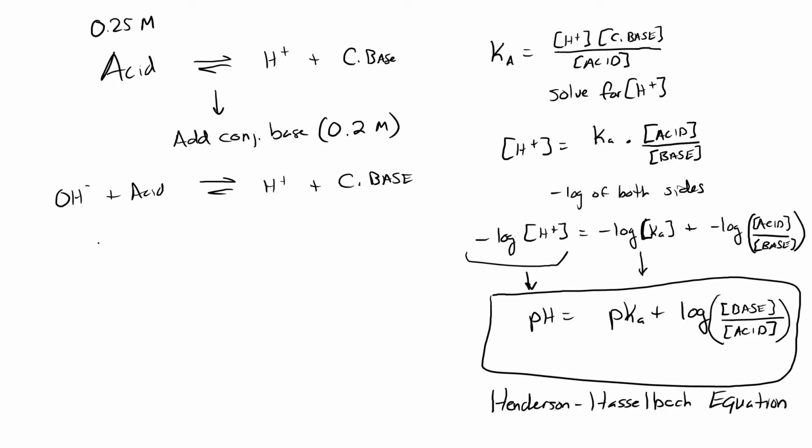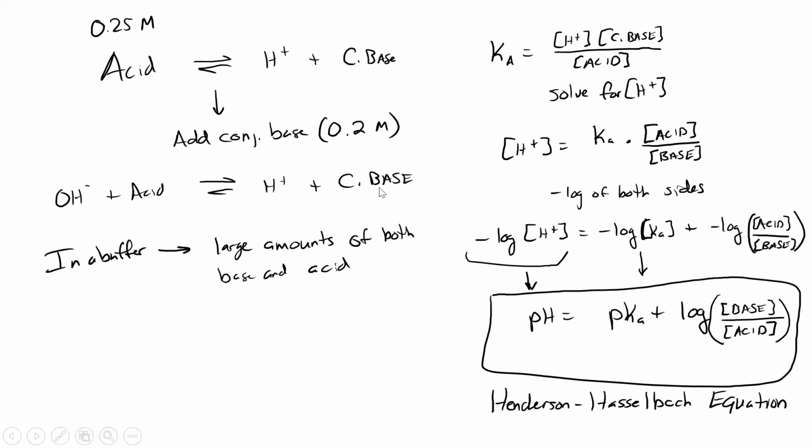So in a buffer, where we have large amounts, and again, large is a relative term, of both base and acid, we can use the initial concentrations. So with 0.2 molar of the conjugate base, we can assume that the concentration of base is about 0.2 molar.